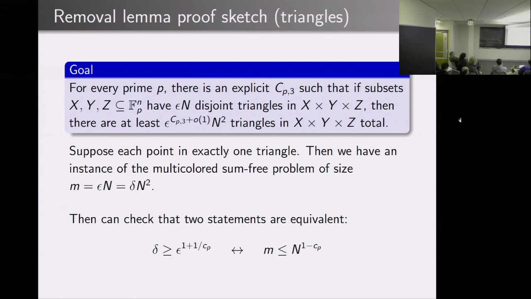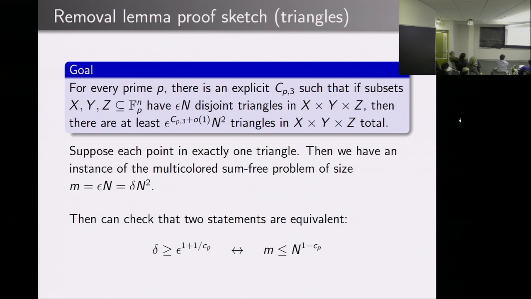So this is showing that the removal lemma implies the multicolored sum free bound, which if you then rearrange, moving the n's to the left, we get n to the 1 over Cp minus 1 on the left, and that is at least m to the little cp on the right, and then cp is positive, so that's equivalent to saying that n to the 1 minus little cp is at least m.